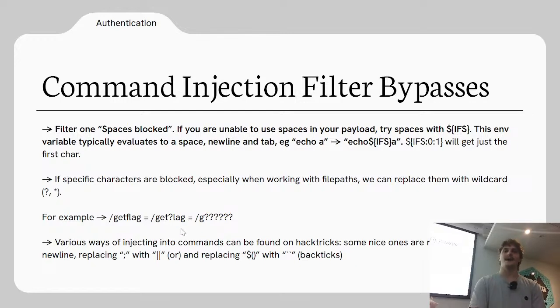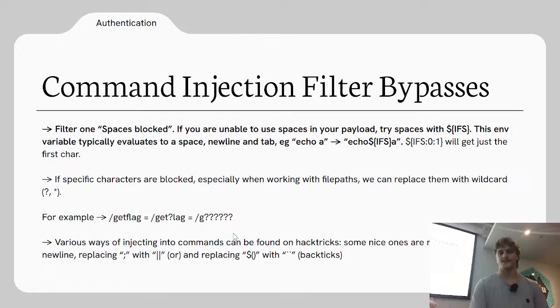We can replace that F with a question mark, and Bash simply goes, okay, I'm going to look at all the files that match this structure, with any character in the question mark position. And of course, getFlag would match that description, right?